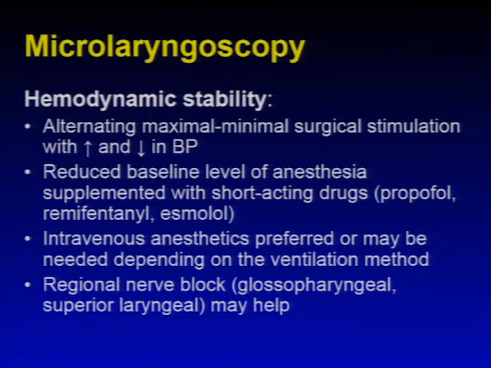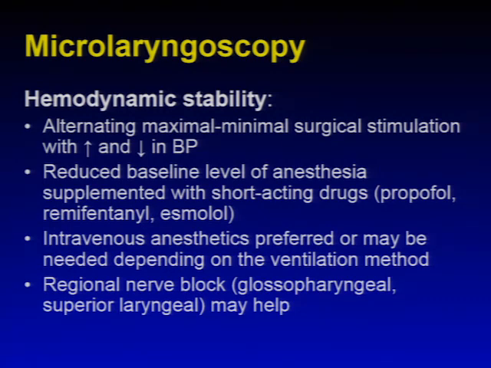Hemodynamic stability can be a challenge in those cases, both due to the nature of the patient, but also the nature of the surgery. Patients who come for these procedures usually have a heavy history of alcohol and tobacco use with significant cardiovascular and respiratory disturbances, but also the surgical procedure itself is alternating maximal and minimal stimulation, usually within seconds of each other.